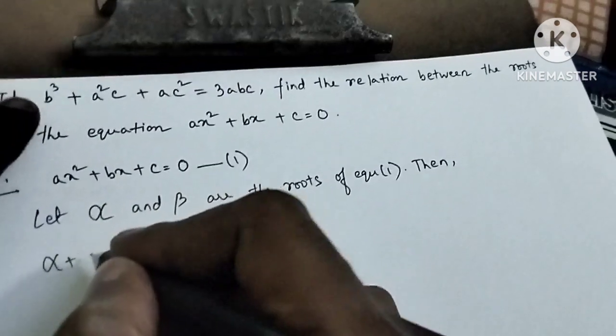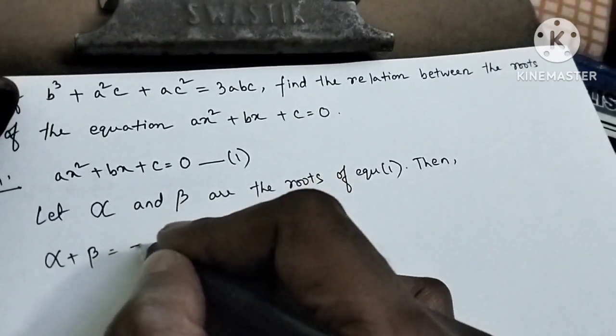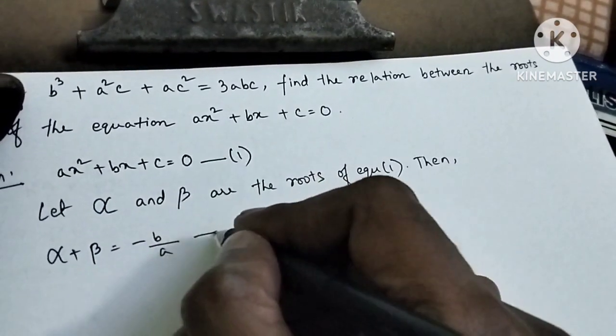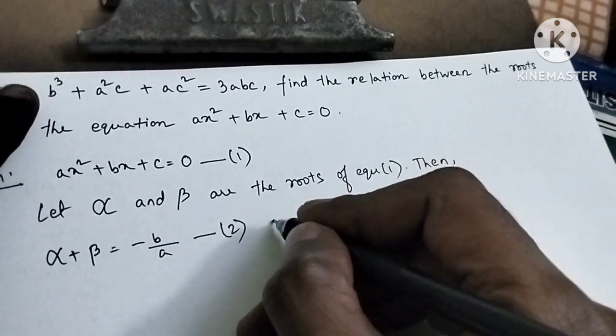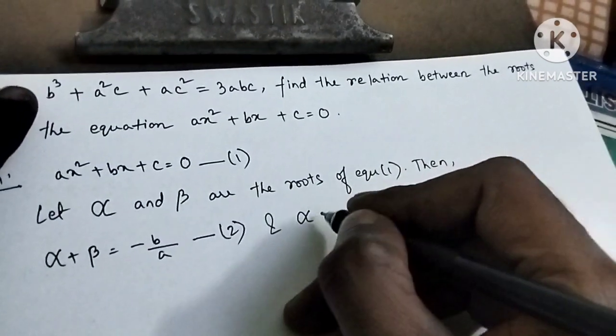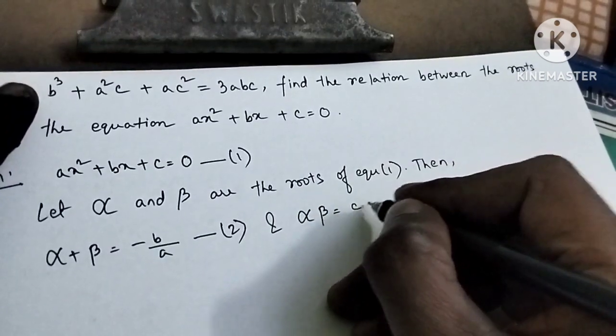Then alpha plus beta will be minus b by a, and alpha beta will be c by a.